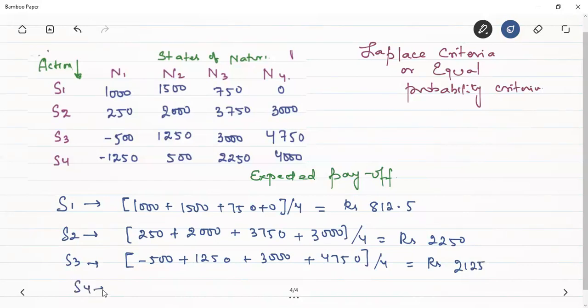And for the fourth course of action, the average will be the summation of minus 1250 plus 500 plus 2250 plus 4000 divided by 4, and this will come out to be rupees 1375.